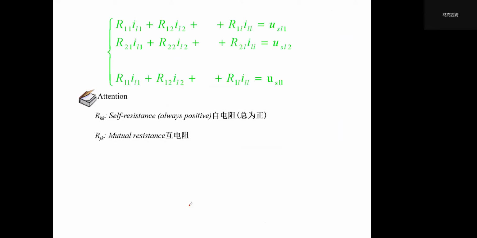One mesh could be adjacent to many meshes, so we could have many mutual resistances, but we only have one self-resistance for each mesh.